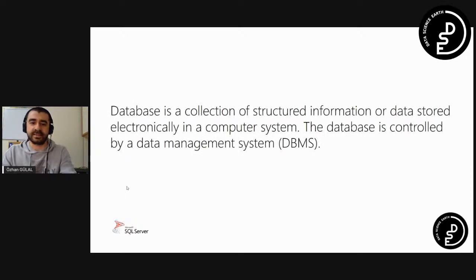A database is a collection of structured information or data stored electronically in a computer system. The database is controlled by a data management system. For example, today our database system is the MSSQL Server. At the same time, our management application is SQL Server Management Studio.